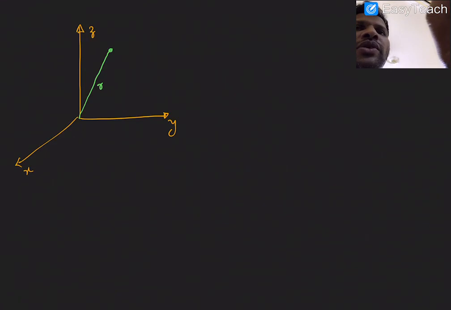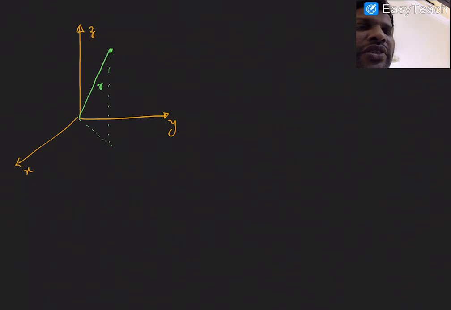Now if you project this on the xy plane, you will get this distance as rho, and on the top of this it is also the same distance from the origin. So this is also rho, both are same. Now theta is the angle between this line r and the z axis, so the line joining the point from the origin and the z axis.